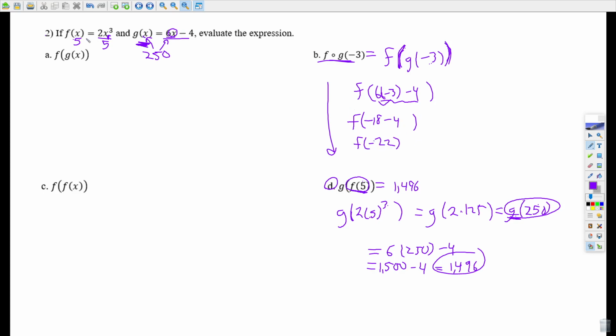Now we're going to apply the f function, because we haven't done that yet. Let me get rid of this stuff. I don't need this anymore. Then you plug in negative 22 for the x in the f of x function on the right. So the f goes away. It becomes 2 times negative 22 to the third.